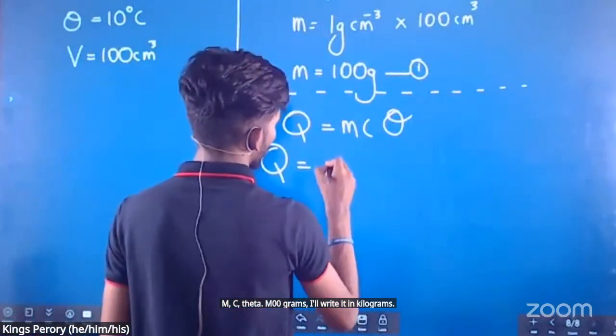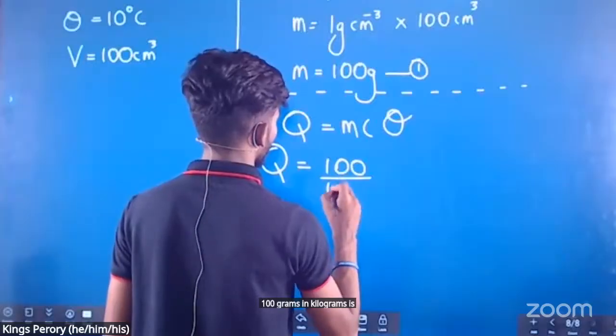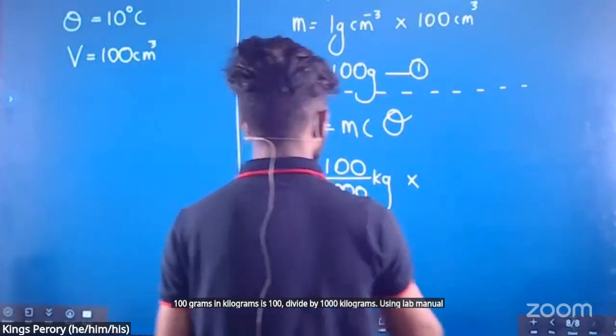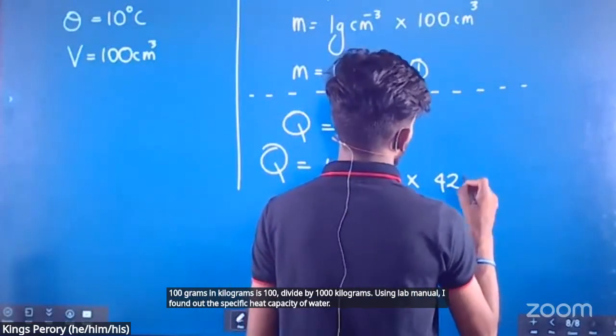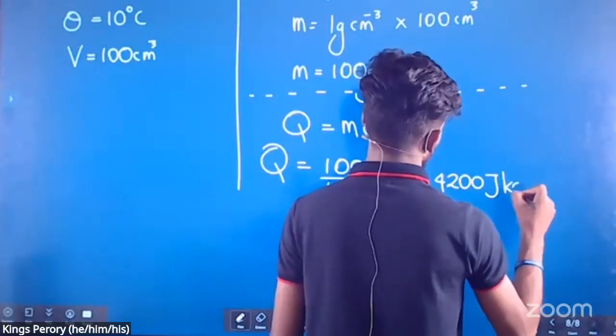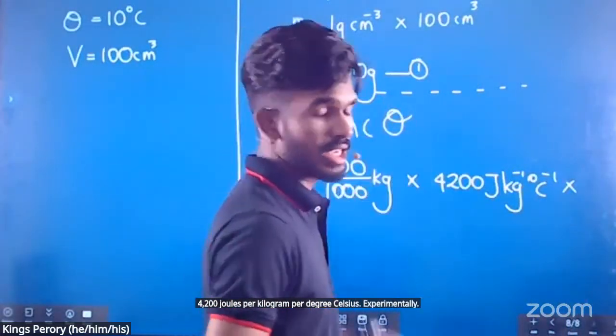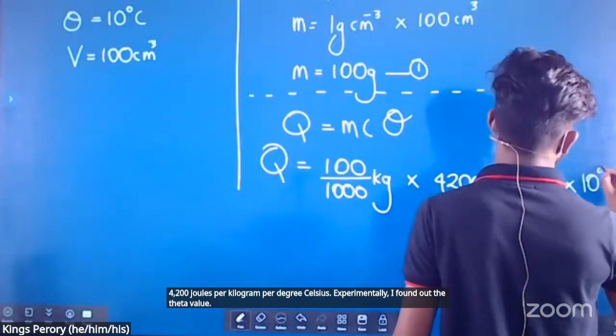M is 100 grams, and I'll write it in kilograms. 100 grams in kilograms is 100 divided by 1000 kilograms. Using a lab manual, I found out the specific heat capacity of water, 4200 joules per kilogram per degree Celsius. Experimentally, I found out the theta value, 10 degrees Celsius.